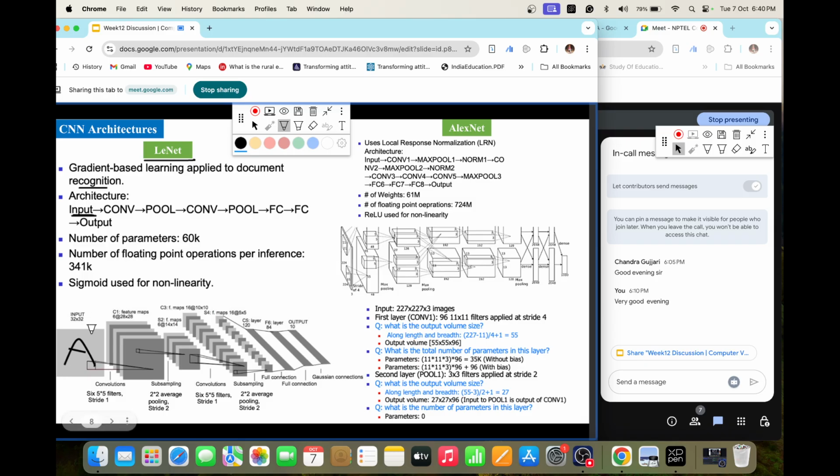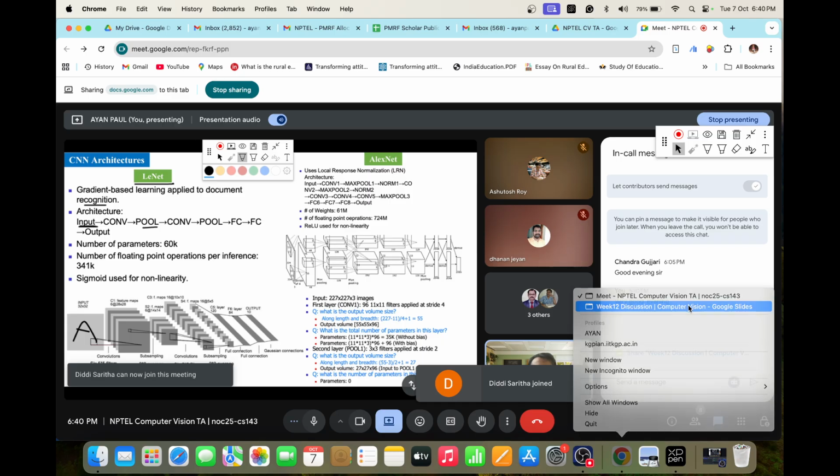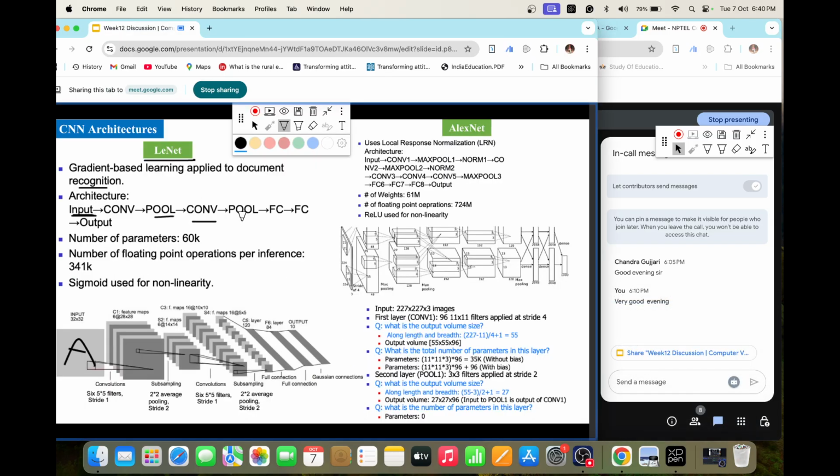This is a letter written over here, the input image. Then we have the first convolution layer, then the pooling layer, then a convolution layer again, and then a pooling layer, and at last two fully connected layers, and then the output. This is the whole architecture.